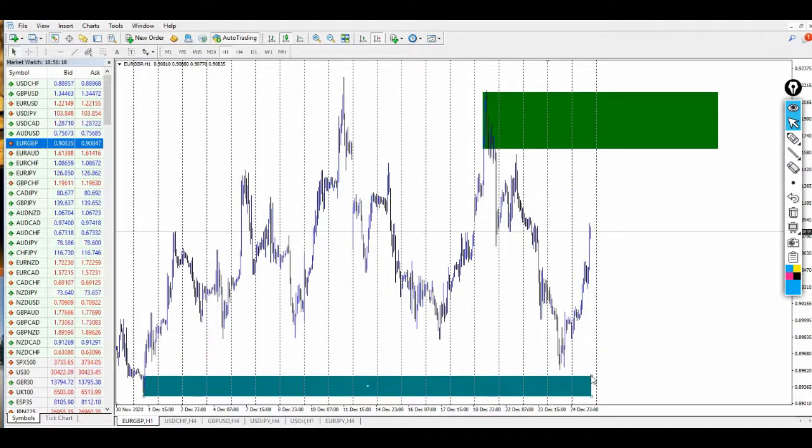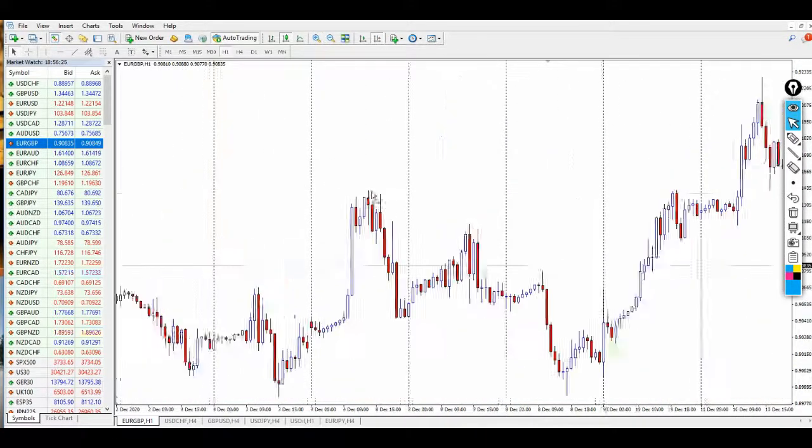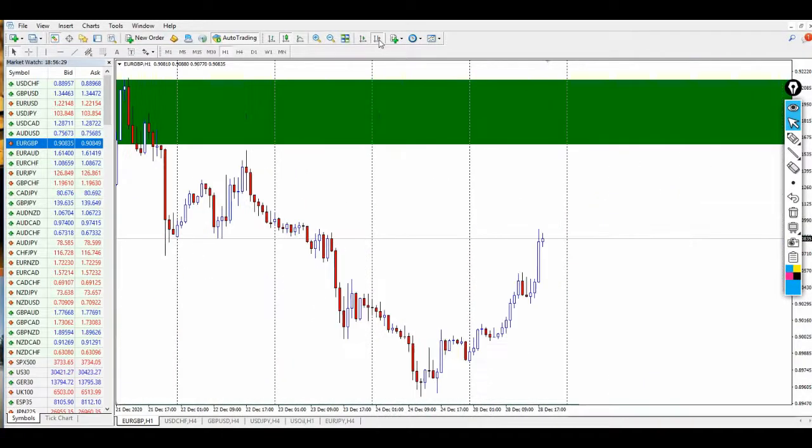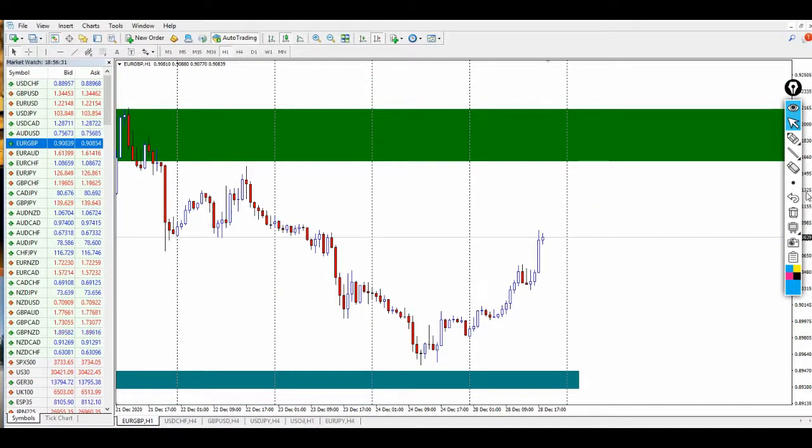You see, this one I can't really say was tested, because price didn't come too close to it. Let's go down. You see, the price turned before it touched our 1 hour demand zone, so we can't say it's tested.